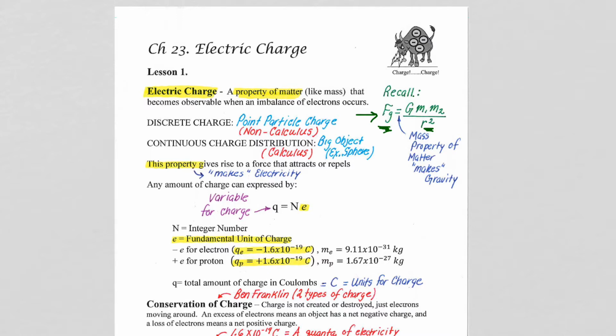So in a very real sense, we can think of the mass property of matter, those kilograms, as actually making gravity. So we're going to do a very similar thought process and logic connection here with electricity, and we're going to think of the charge property of matter that leads to electrostatic force, which we'll talk a lot about in this chapter, and eventually in the course the flow of charge giving us electricity.